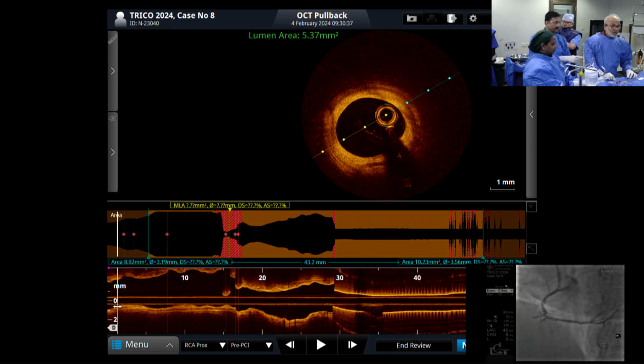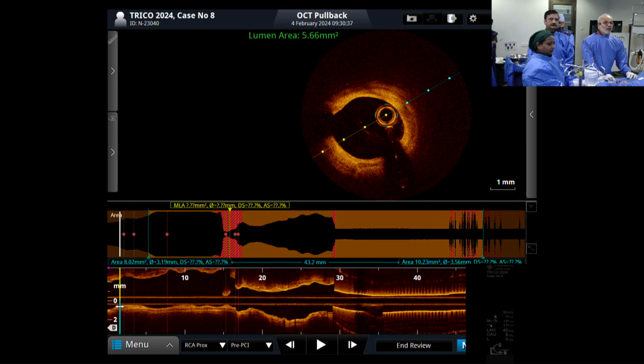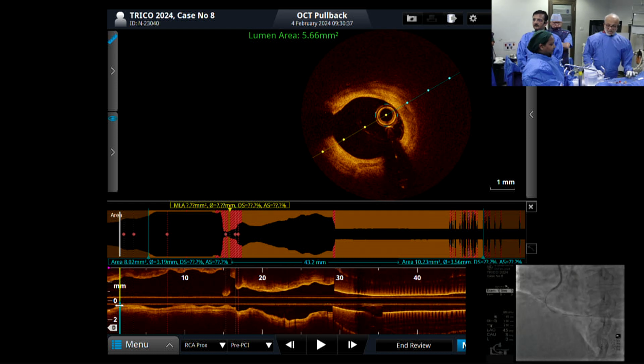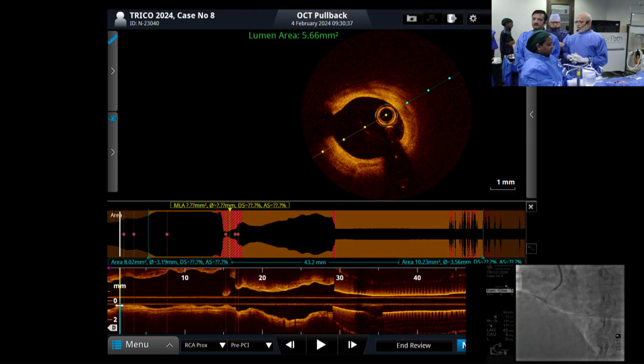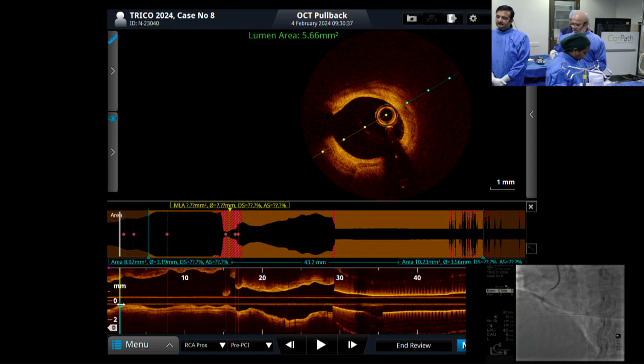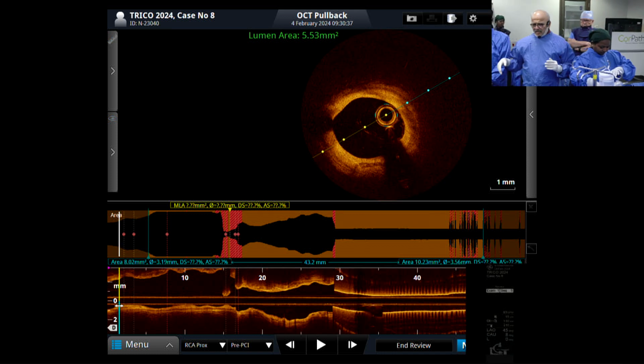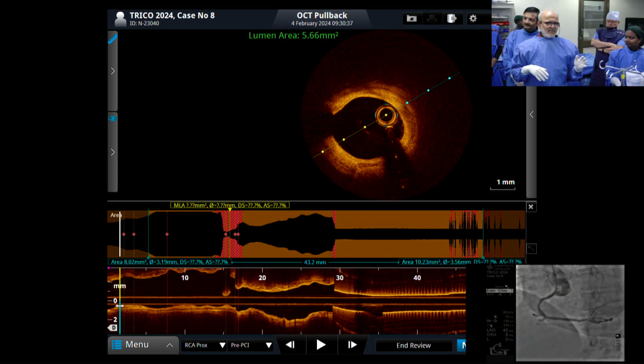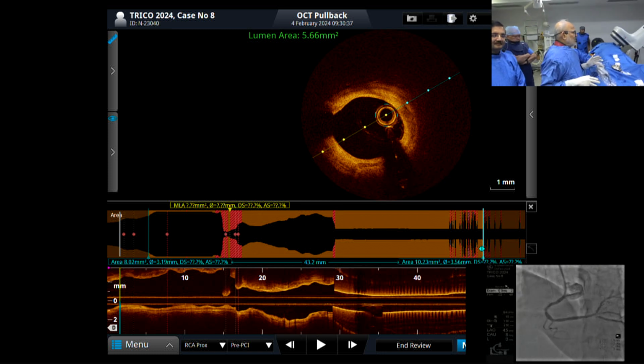Sir, in this case, when we look at the angiographic picture, would you like to consider physiology first, because the proximal and the mid part of the RCA is almost looking like a borderline. Jay, how much do you trust? Let us be very, very frank.